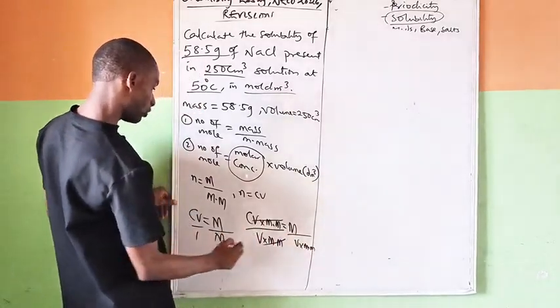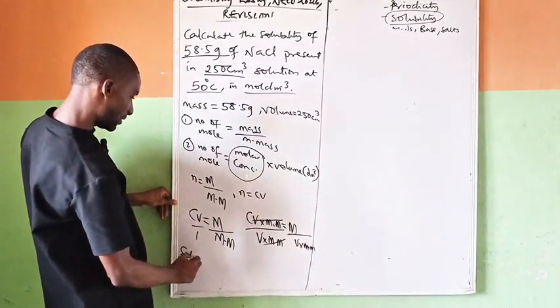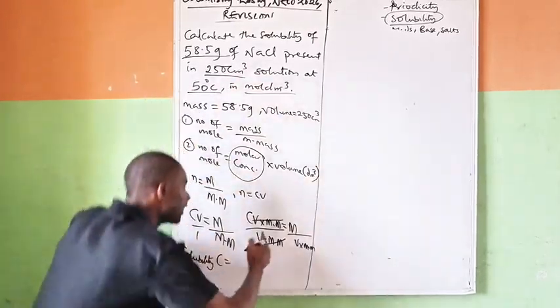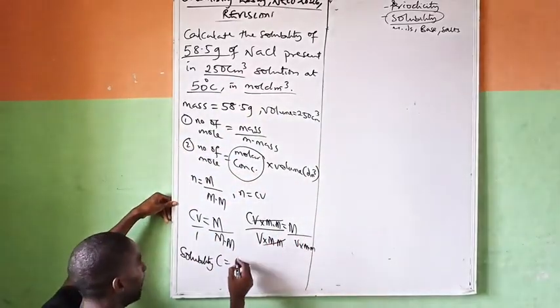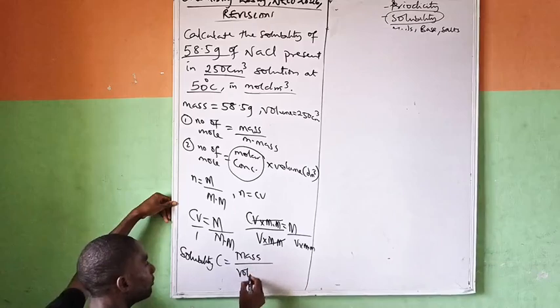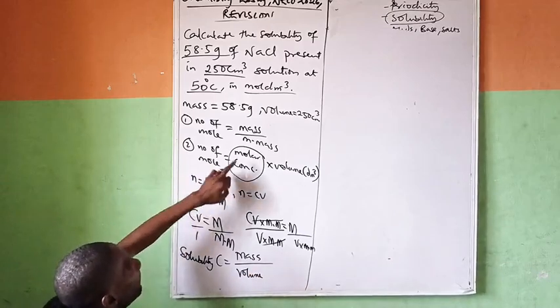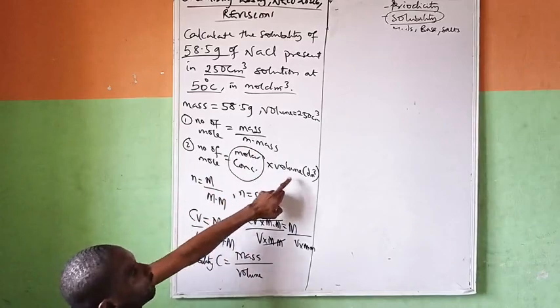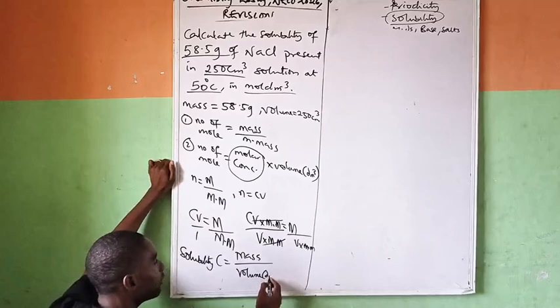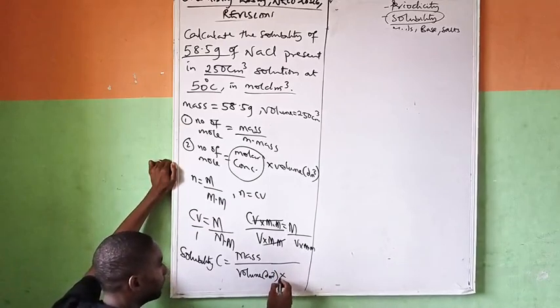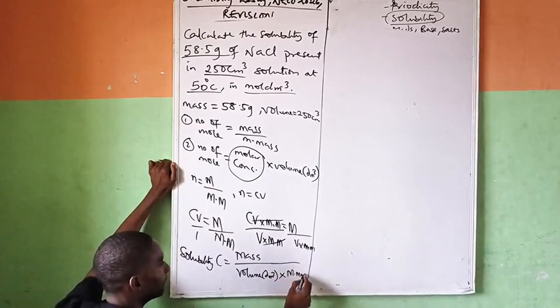This will cancel this. So my solubility C, which is molar concentration, equals mass over volume in dm cube times molar mass. You remember in this formula, the volume is in dm cube. Are you there?